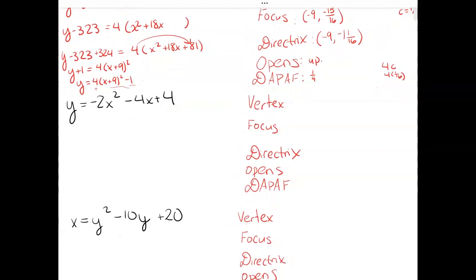Alright, the next one I've got is number 2. So I've still got a Y equals, which is something we're familiar with. Again, the first thing I'm going to do is get this into vertex form.